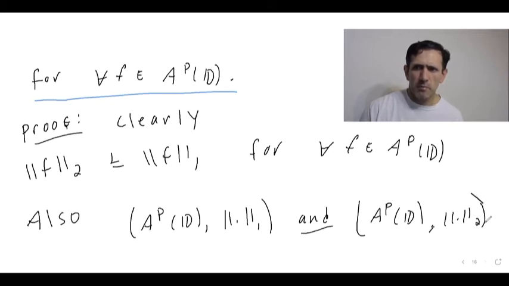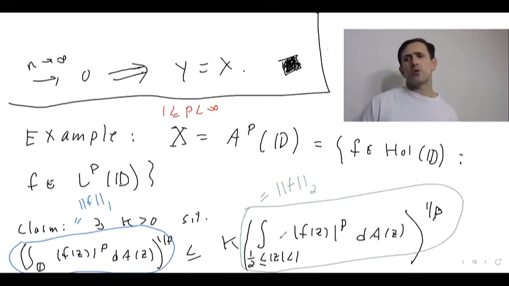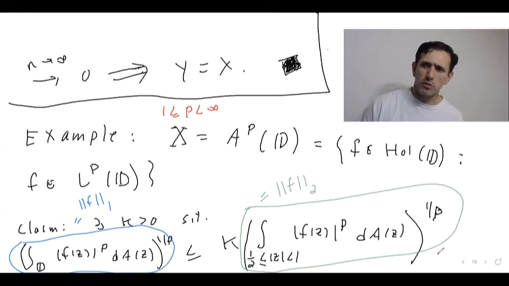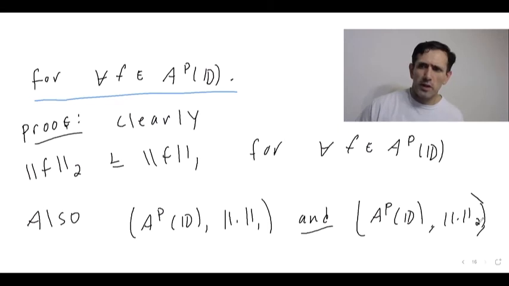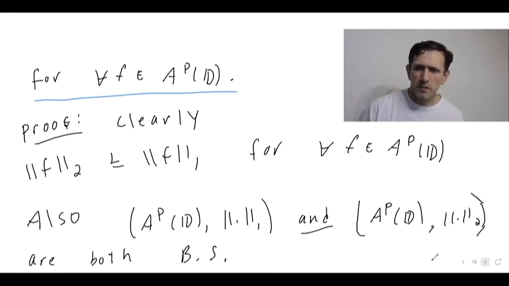In a research paper, if they really like this norm, they would say, by the closed graph theorem, there exists K where this is true, and they probably would not say anything more. They would brush all these details under the rug. But that's why you're taking a course like this, so that you can fill in the details when the time comes. And it will come. Both of these are Banach spaces.